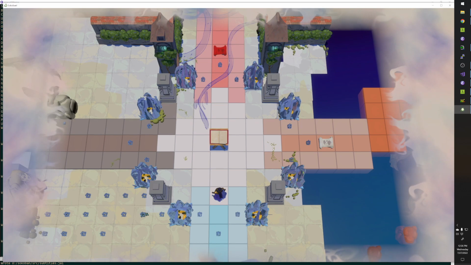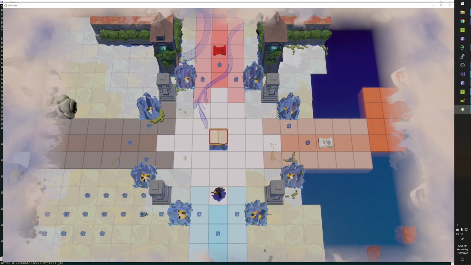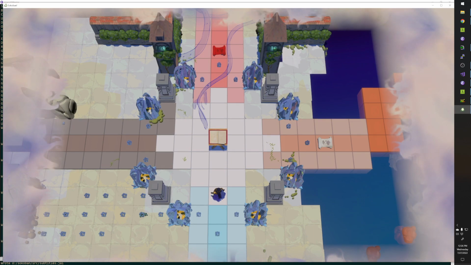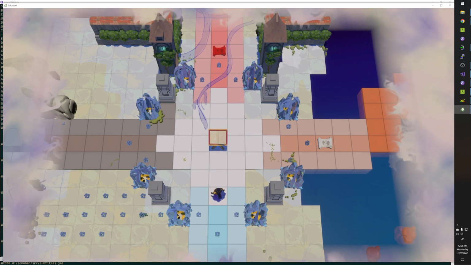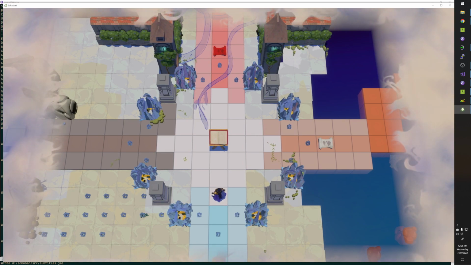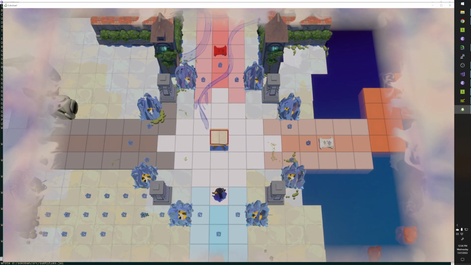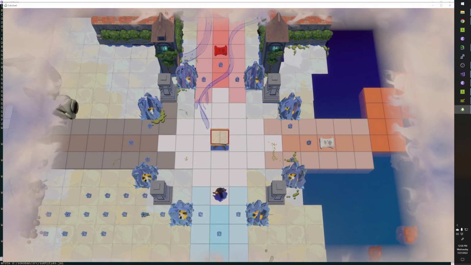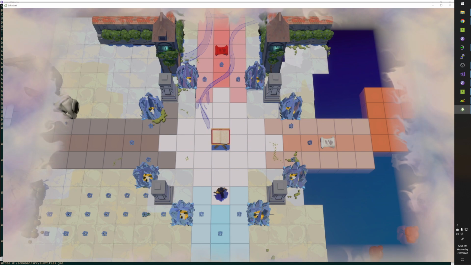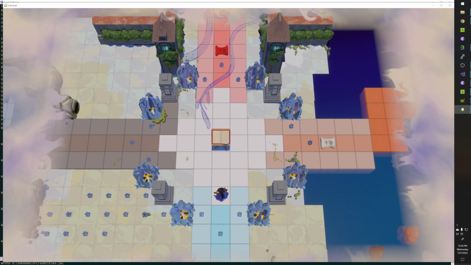Does it tonally support what the rest of the game is doing, or is it counter to what the rest of the game is doing? All these things matter.